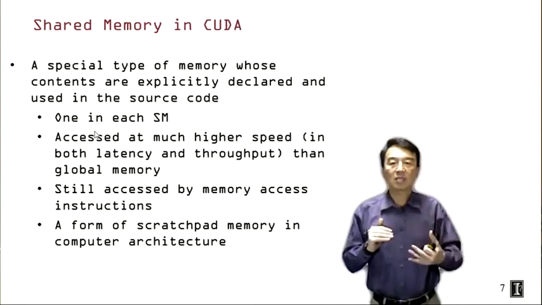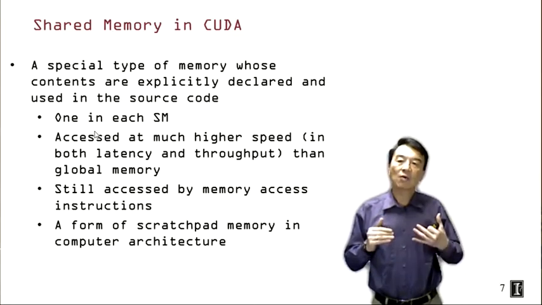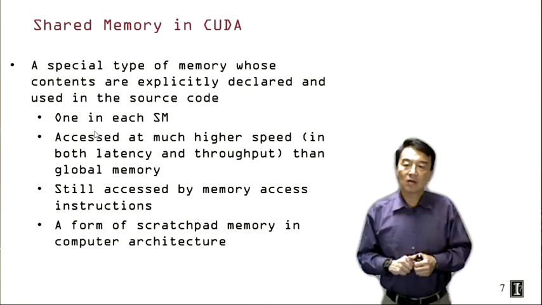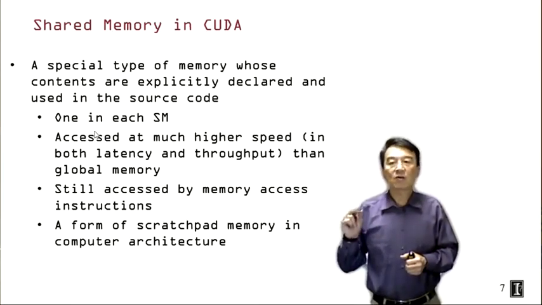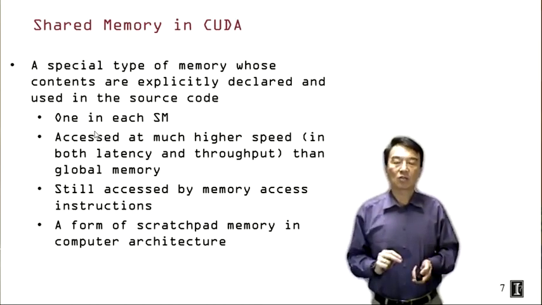In the case of shared memory, this will eventually become important when we design very high performance algorithms. For those of you who are familiar with computer architecture concepts, shared memory is really a form of scratchpad memory in computer architecture terminology.